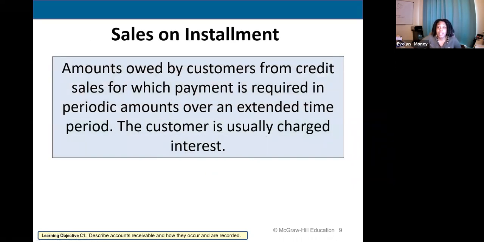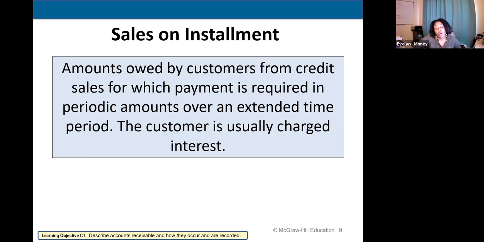Now, in some situations, we will allow our customers to pay us over time. And this is a sale on installment. So each month or each period, they're making a payment over an extended period of time. We see this sometimes with furniture stores.